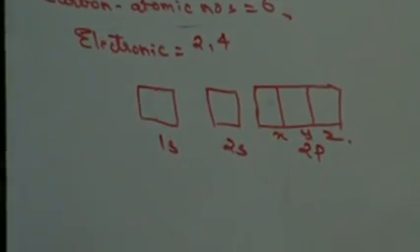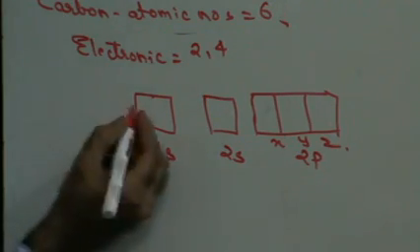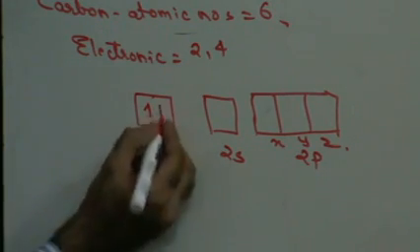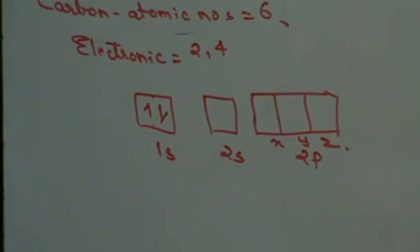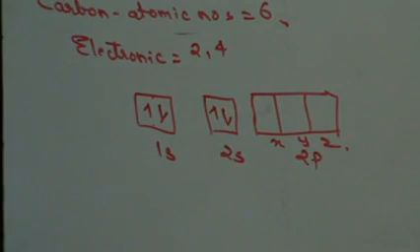Okay? See how the electrons get filled. Now we had said that electrons have something called the spin quantum number. There are some electrons that rotate clockwise, there are some electrons that rotate anti-clockwise. Right? So first in 1s a clockwise electron will get filled. Then in the 1s orbital an anti-clockwise electron will get filled. Then in 2s a clockwise electron will get filled. Then in 2s an anti-clockwise electron will get filled.